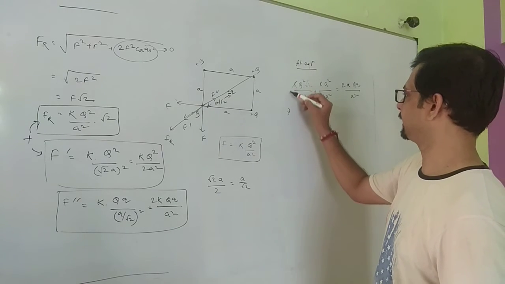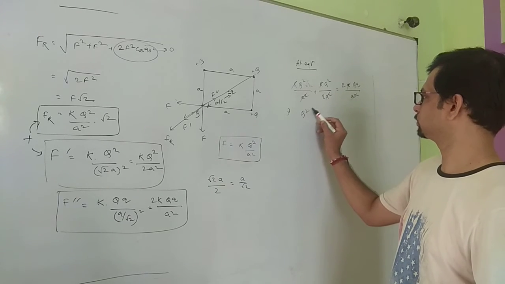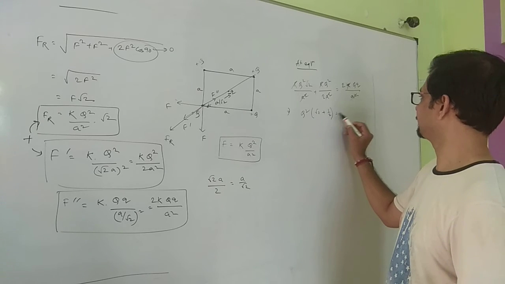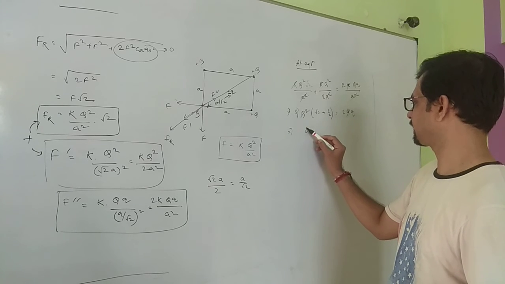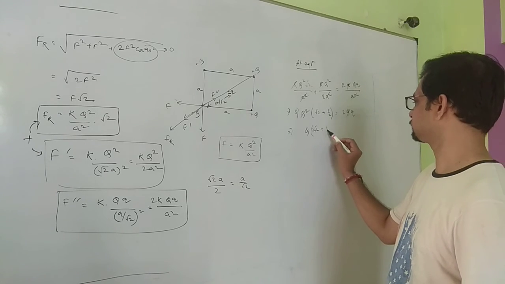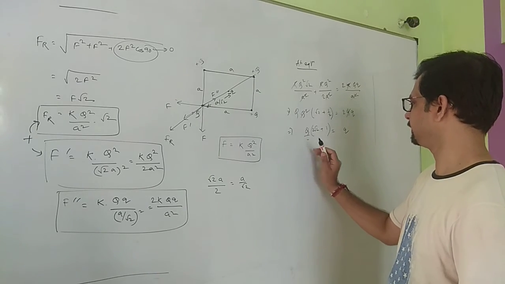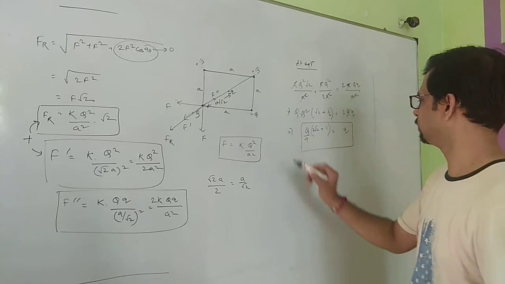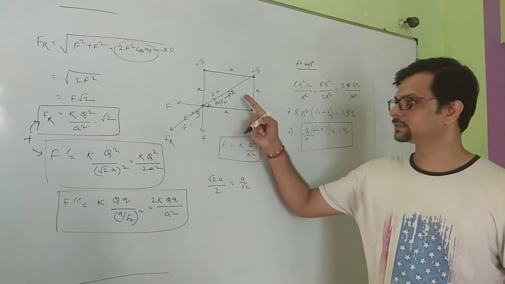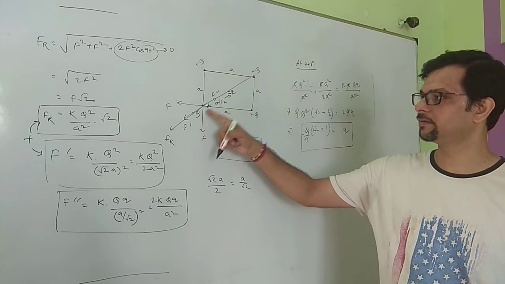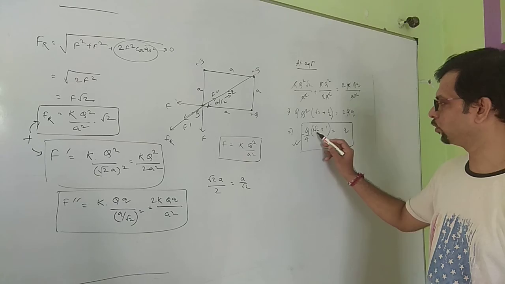So K and A square cancel out, Q square taken out, so it will be root 2 plus half equals 2q by Q. Q cancels out, so it will be 2 root 2 plus 1 by 2 equals 2q, so q will be this divided by 4. This is the value of q with a minus sign, obviously, because q has to be minus, otherwise the force cannot be inward. So this is the answer: q will be equal to minus Q by 4 times 2 root 2 plus 1.